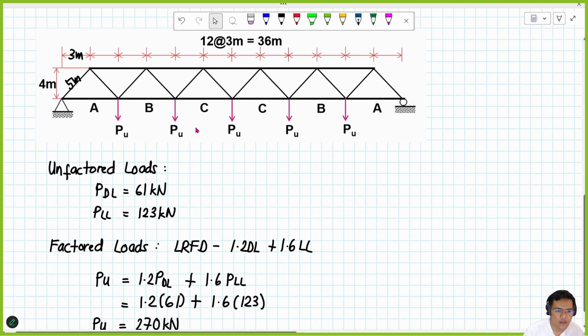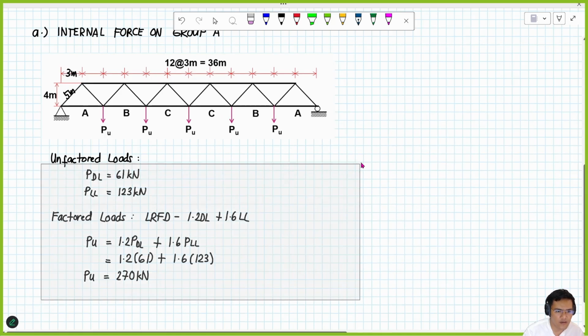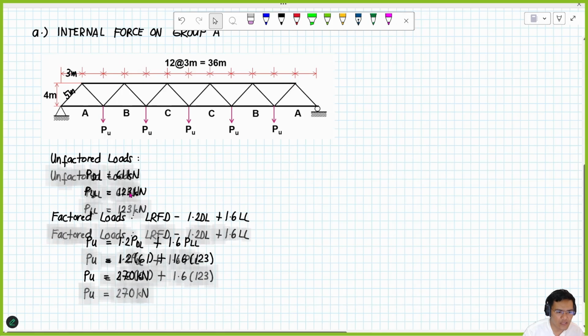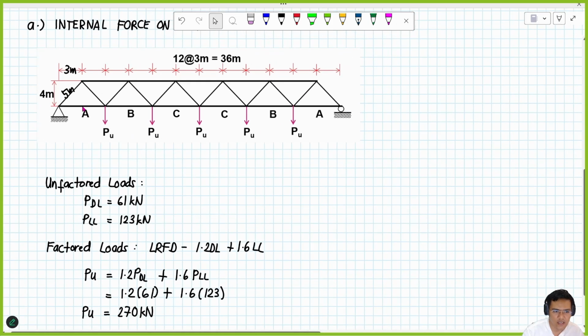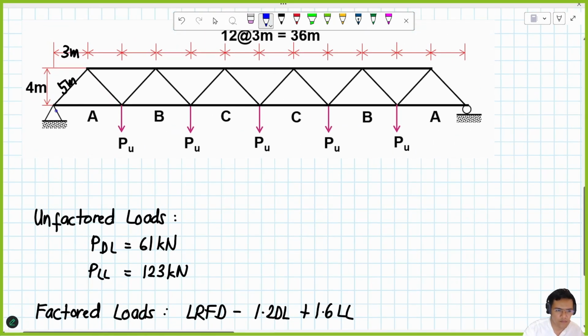Now, okay na tayo sa factored loads, na-define na natin siya. If we would look dun sa ating pinaka structure, since yung ating loadings are actually symmetrical, symmetrical yung application ng loadings, ibig sabihin, yung ating reactions would possibly also be symmetrical.